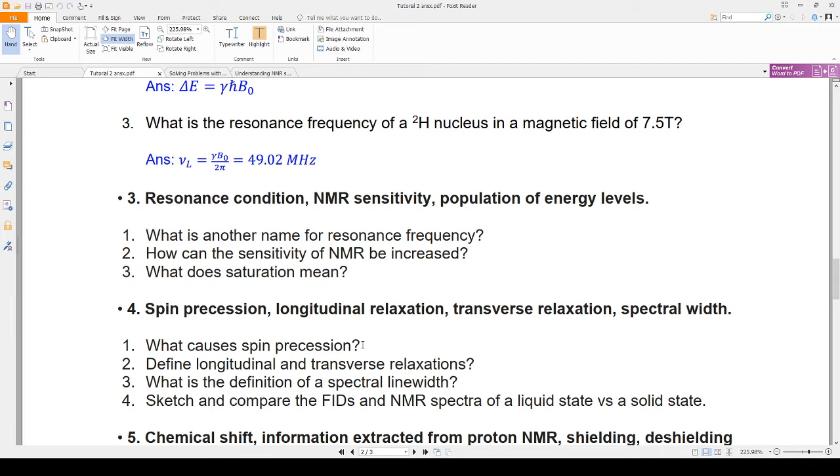So in the end, it will relax, and overall it will point in a certain direction, which is along the magnetic field. Then define what is the longitudinal and the transverse relaxation.